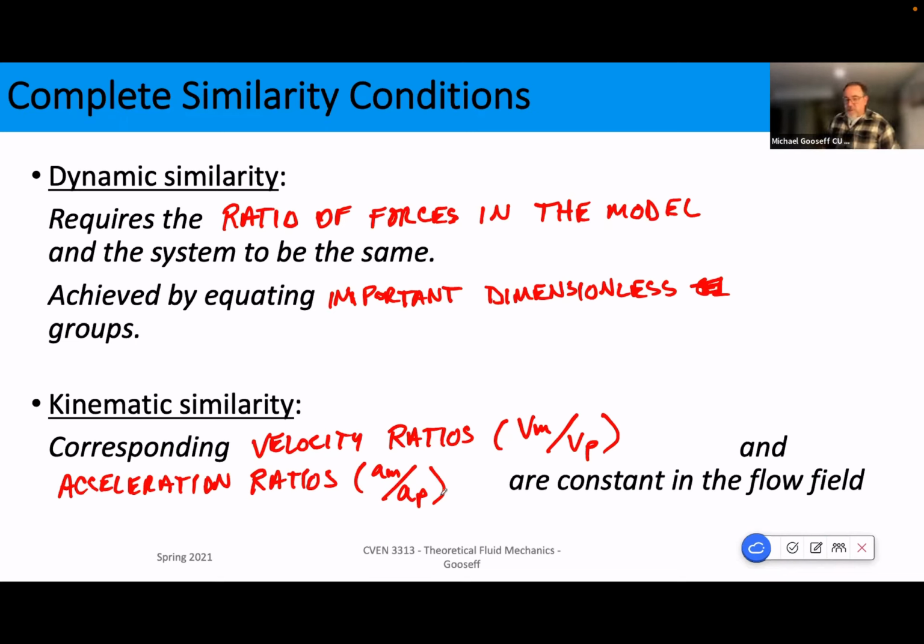Okay, so the values don't have to be identical. You don't have to have the same acceleration in the model as you do in the prototype. You just have to have the ratio of them be the same for, let's say, different parts of the system.